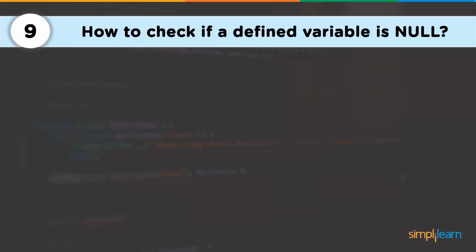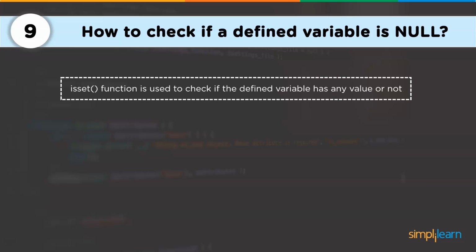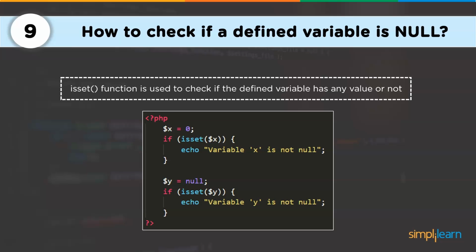Moving on, how to check if a defined variable is null or not. So the isset function is used to check if the defined variable has any value or not. So to use this, suppose you have this block of code in front of you. Suppose you want to check if this x variable that you've defined is null or not.